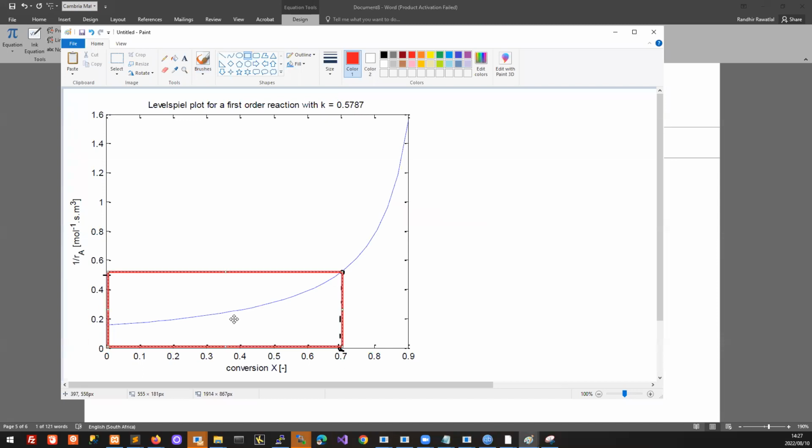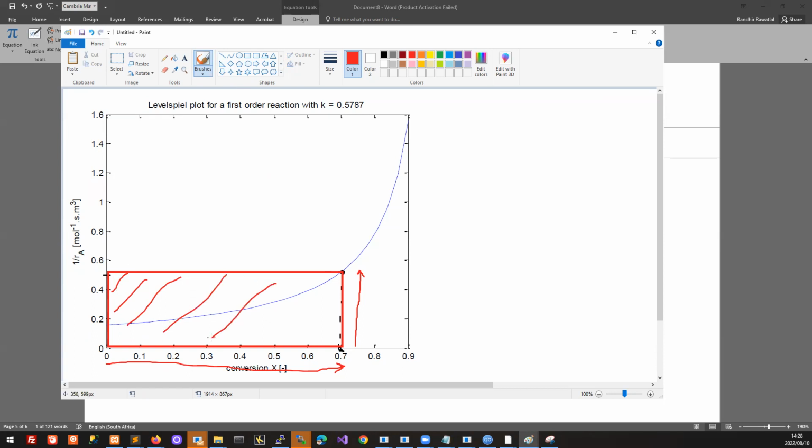The area in this red box is proportional to the volume. So that's my y value, and I'm multiplying it by my x value. If I am multiplying y by x, that is basically the area of this box.